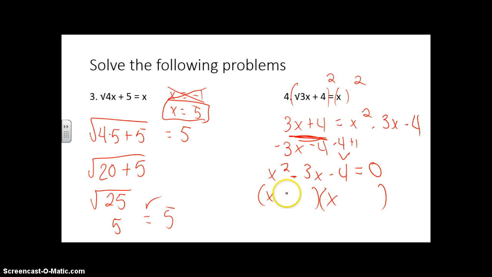So in my parentheses, I'm going to have x plus 1, x minus 4. So now once I have factored out my x squared minus 3x minus 4, I'm going to set x plus 1 and x minus 4 equal to 0.